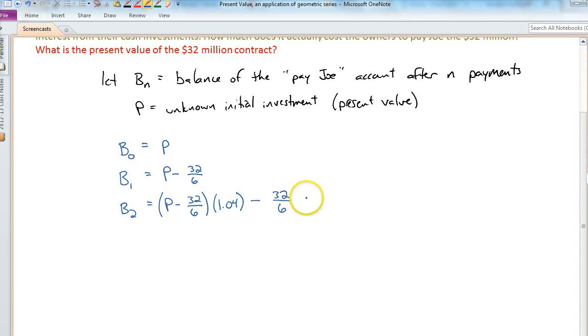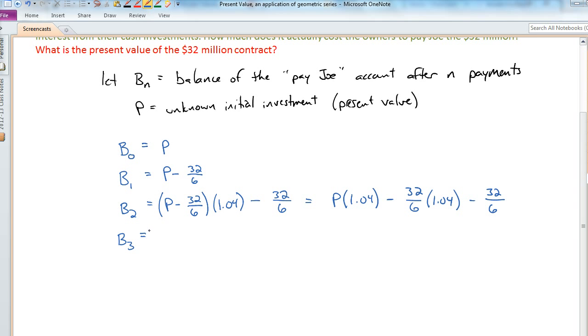Okay, so I'm going to simplify this to P times 1.04 minus 32 over 6 times 1.04 minus 32 over 6. Okay, B sub 3. Well, B sub 3 is going to work a lot like B sub 2 did.